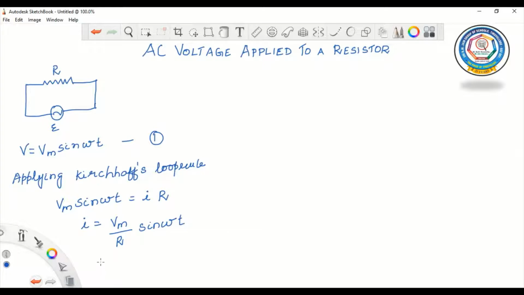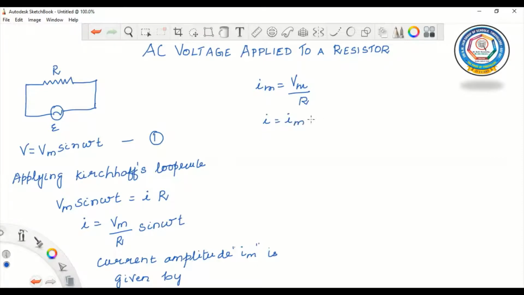Let us consider the current amplitude Im, which is given by Im is equal to Vm by R. So I is equal to Im sin omega t.